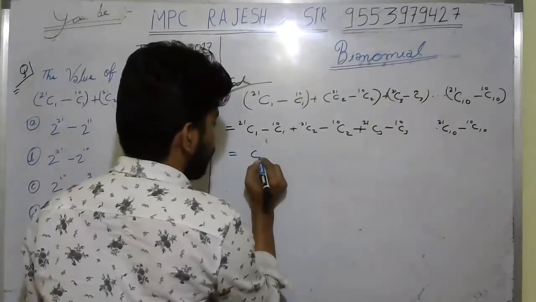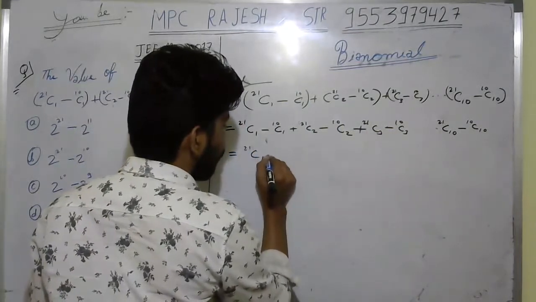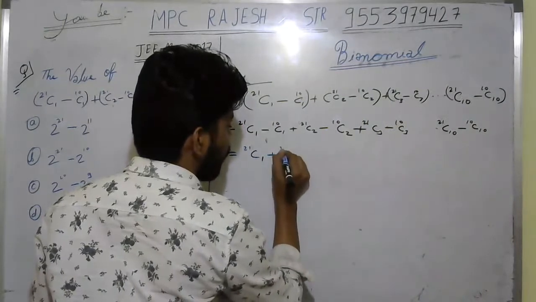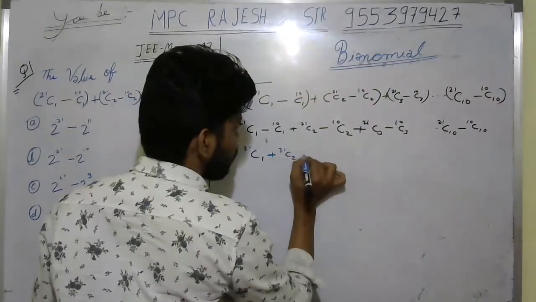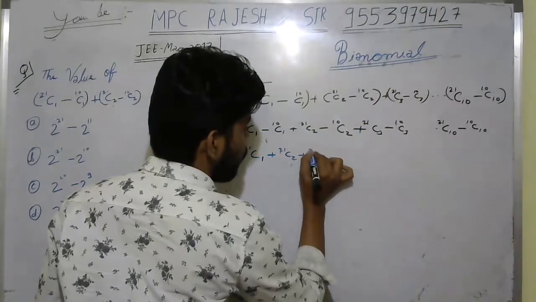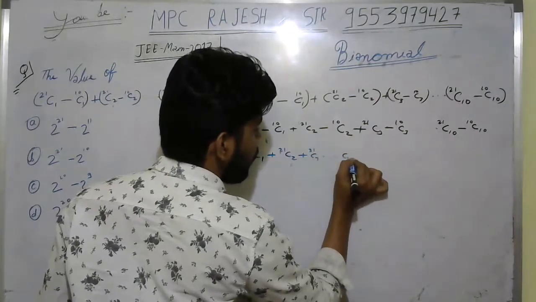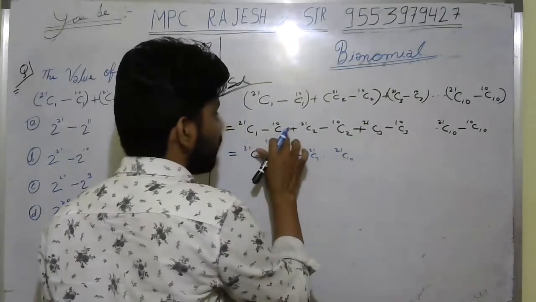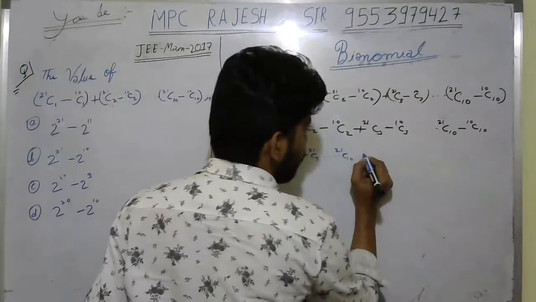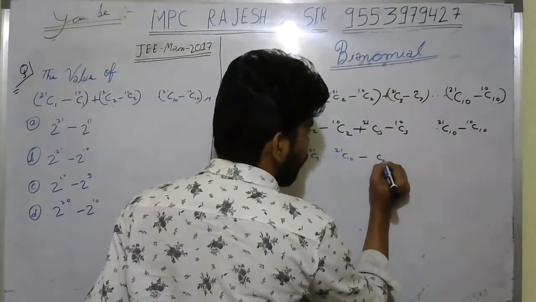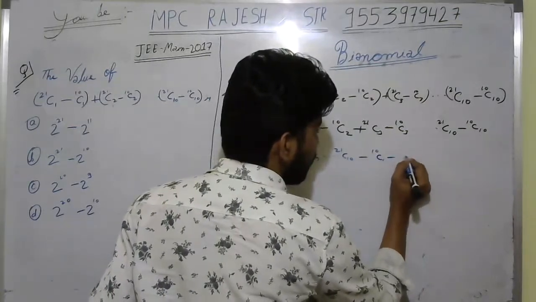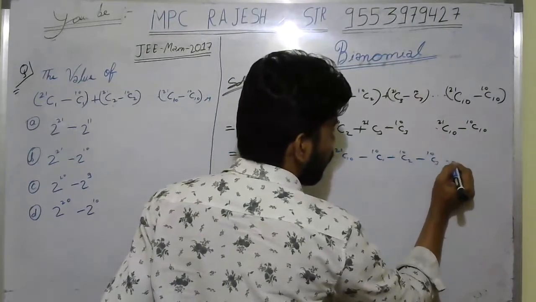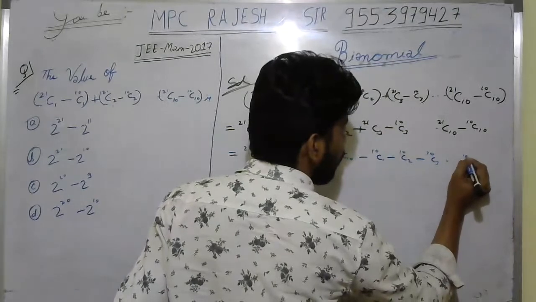So C(21,1) plus C(21,2) plus C(21,3) up to C(21,10). Another, whatever the 10 terms are, write on the other side. So the other value is minus C(10,1) minus C(10,2) minus C(10,3) up to C(10,10).